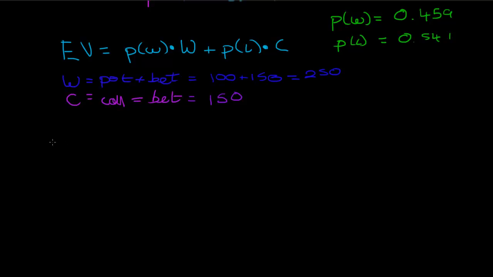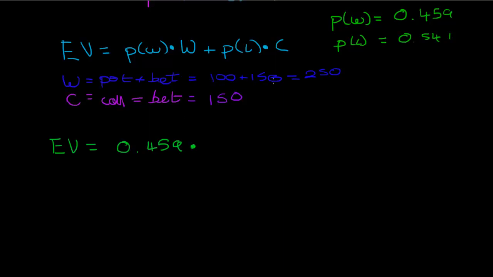So, EV equals the probability that we win, which is 0.459, times how much we win.